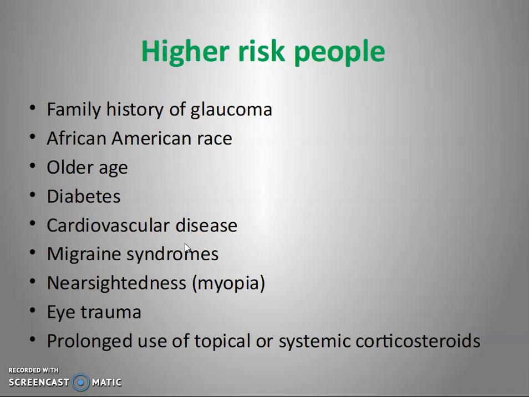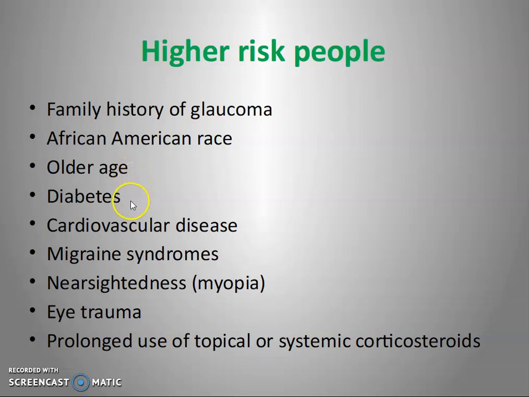The risk factors associated with glaucoma patients: the first is genetic cause, then next is race. African Americans have 5 times higher risk of glaucoma as compared to others. As age rises, the risk of optic nerve damage as well as glaucomatous state also increases.